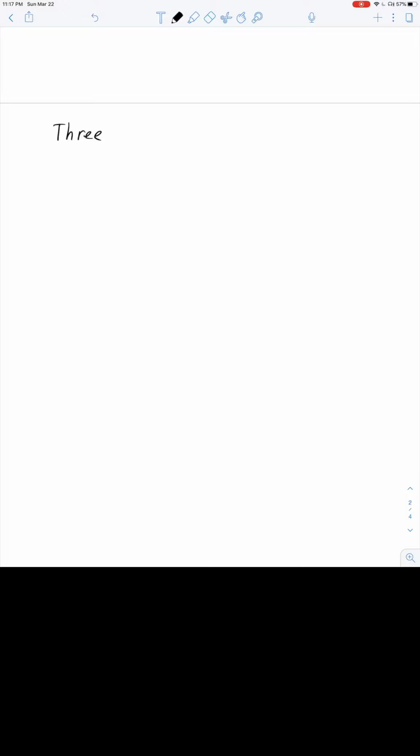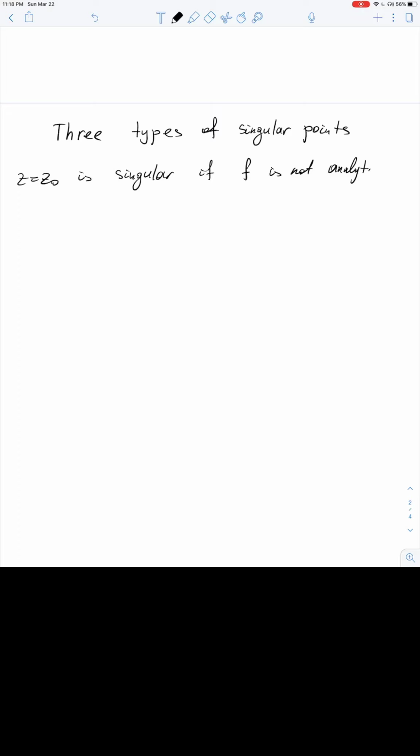Okay, so anyway, we will now discuss 3 types of what's called singular points. So what's a singular point? z equal to z0 is singular if f is not analytic at z0 but analytic in, and I'm tired of writing formulas, so I'll just draw a picture.